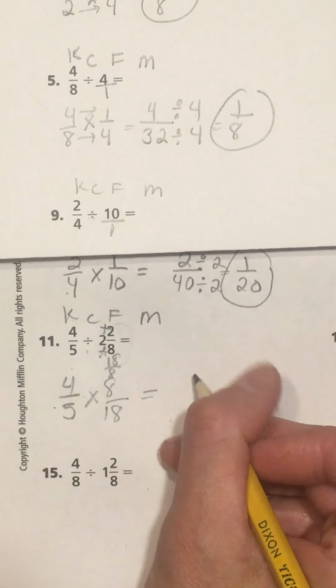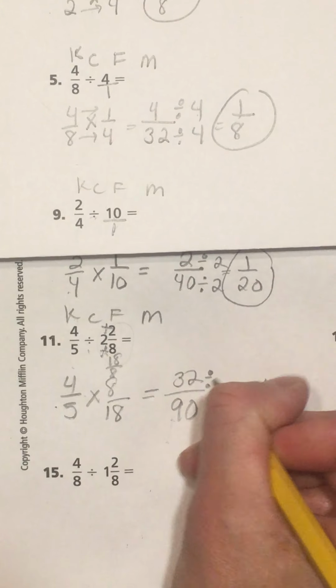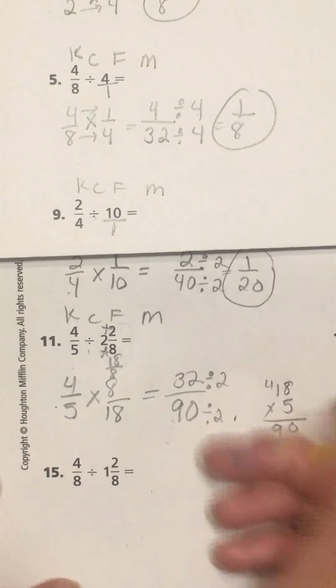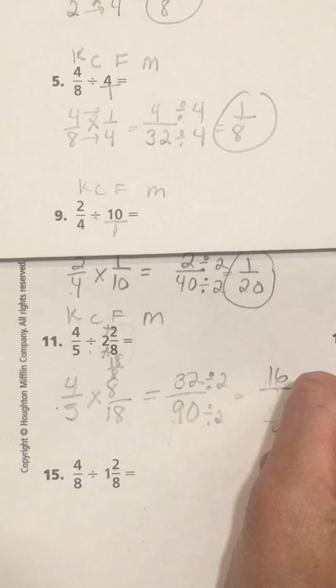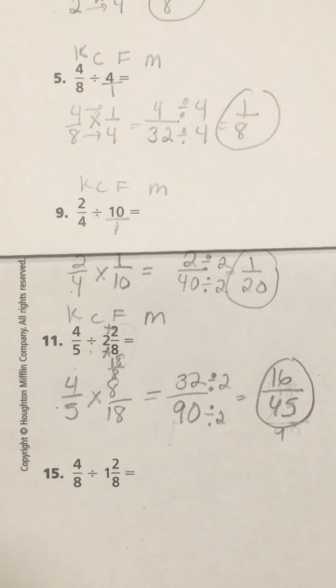Okay? Now, that is going to be able to be simplified, and I believe it is going to be a 2. Let me move that out of the way. So this is going to equal 16/45. But the only change is that you had to get rid of that improper fraction.